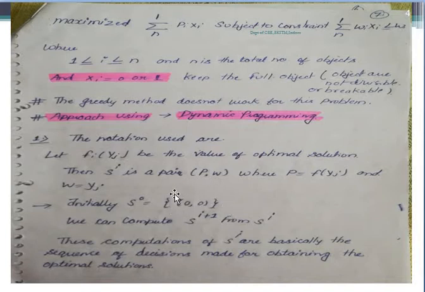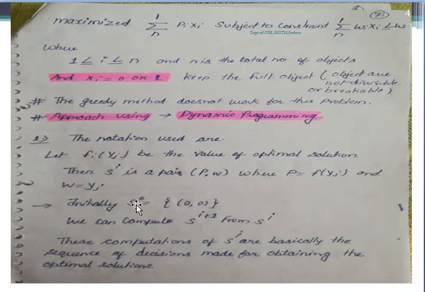This indicates that we want the maximum profit, and one constraint is that we cannot take more than the knapsack capacity. Initially we do not have anything in the bag, so the weight is 0, and we will not get any profit. After that we compute S^(i+1).